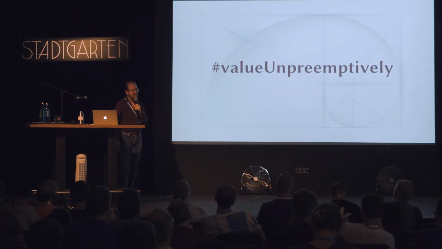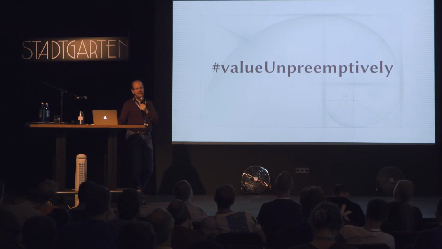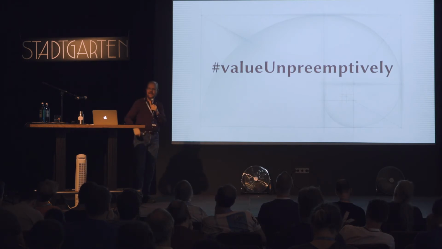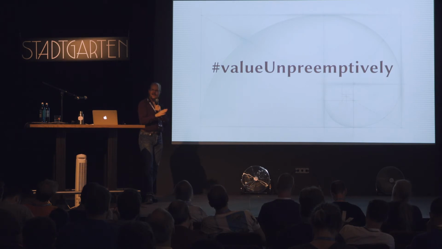Okay, value unpreemptively. This would actually work. It's a really big hammer. It sets the priority of the thread up to the maximum priority so that nobody can preempt it. So it will definitely get through the critical section. But that's a bigger hammer than I need. I don't need to prevent any other thread from preempting me. As long as I finish that critical section sometime, it's going to be okay.